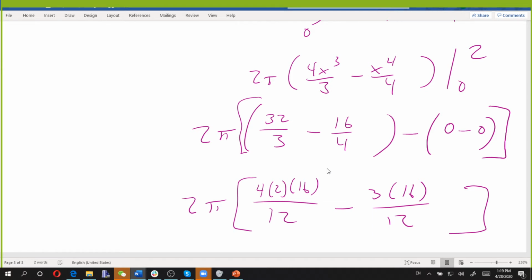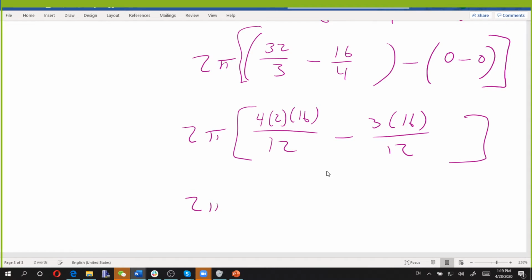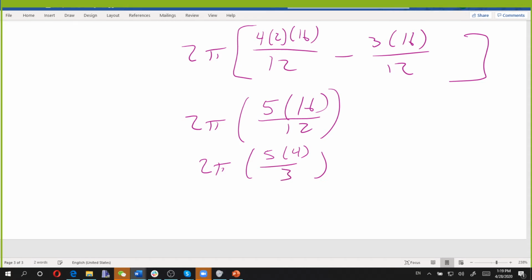Gives us 8 times 16 minus 3 times 16 is 5 times 16. The 16 and 12 can cancel as well. Gives us 2 times 20 over 3 is 40 pi thirds.